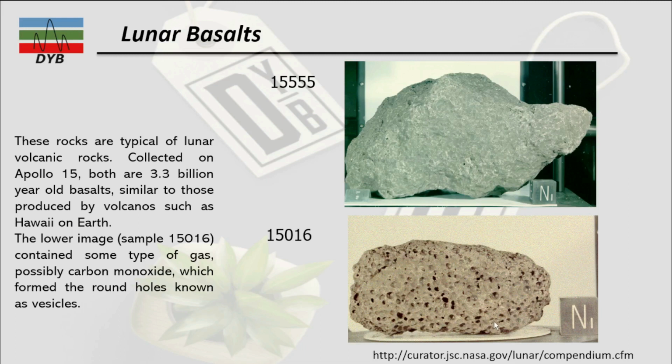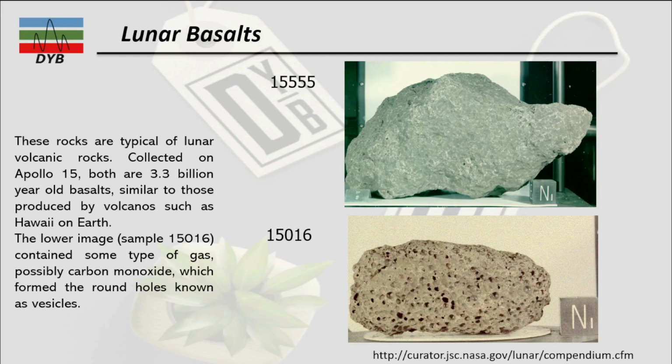You can see the degassing phenomena on this rock, and it was collected from the Apollo 15 mission. Both are 3.3 billion year old basalts, similar to those produced by volcanoes such as in Hawaii on Earth.